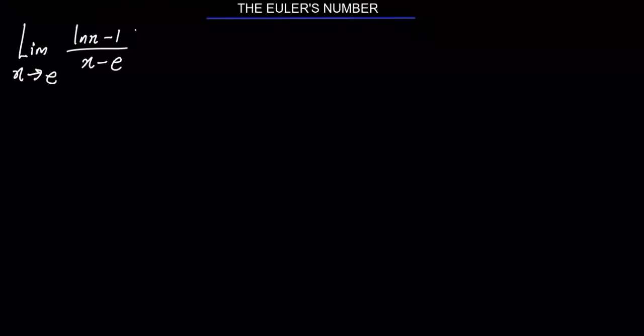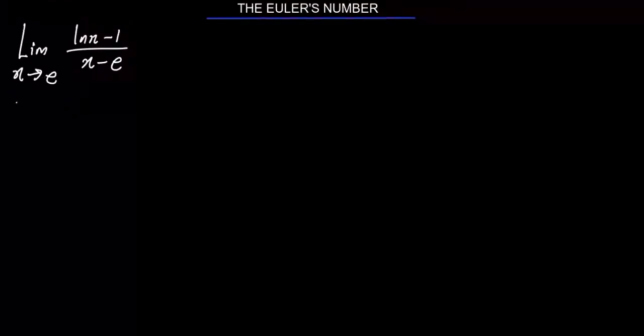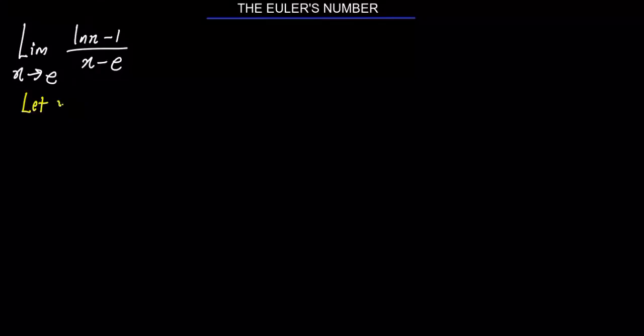Now, looking at this, you observe that I can make a substitution. Once you see that what you're having here is not tending to 0 or infinity, try to make some substitution. One of my substitutions, I can say let y be equal to x minus e.